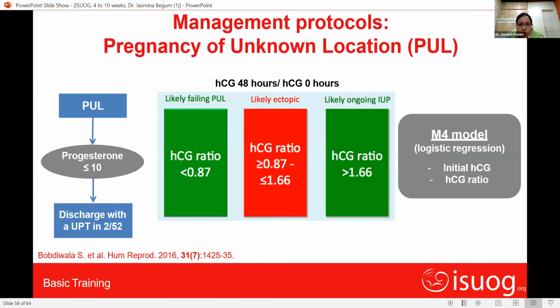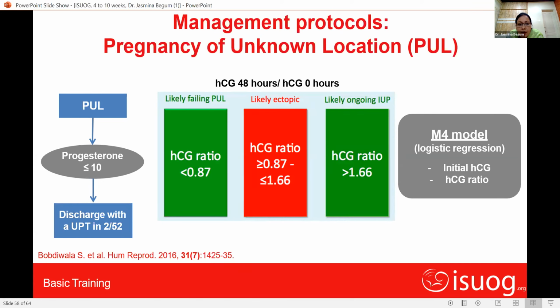The discriminatory zone is the level of HCG at which there is a 99% chance you will see an intrauterine pregnancy. So do serial beta HCG till you reach the discriminatory zone. At present, the discriminatory zone is labeled up to 3,500 international units per ml.